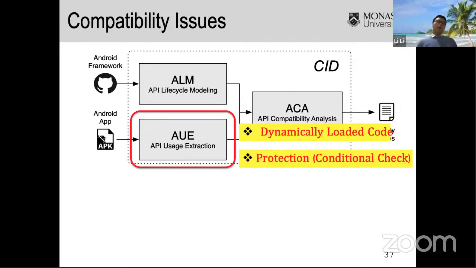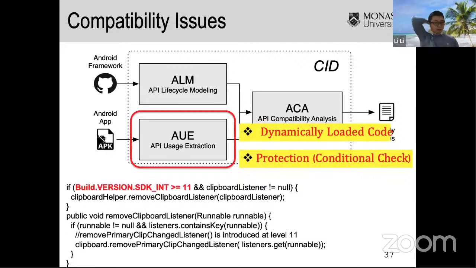And also, Google somehow knows that their system and the whole Android ecosystem is hugely fragmented. So they have introduced mechanisms to mitigate the compatibility issues in the ecosystem through the so-called protection mechanism. A simple example is shown in the bottom of this slide.